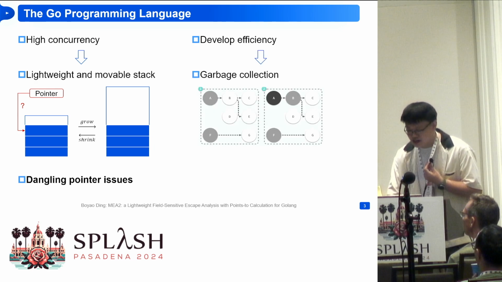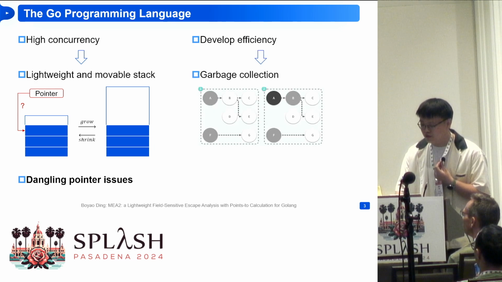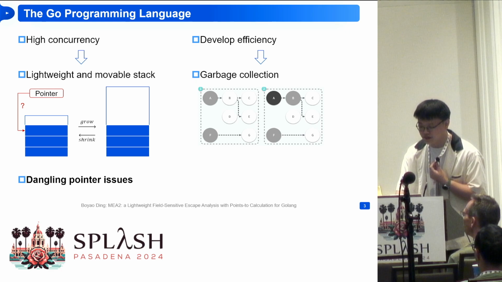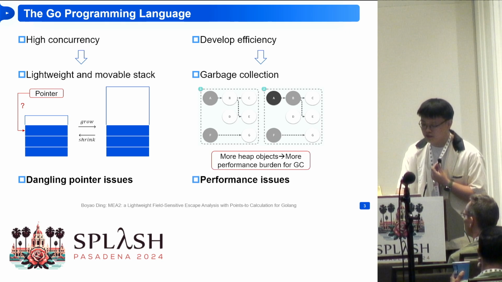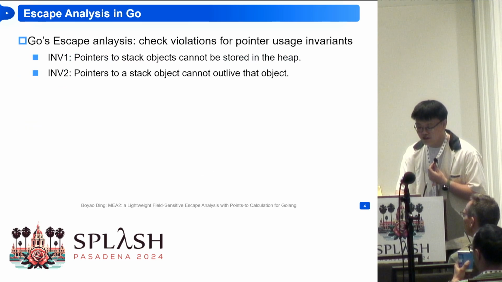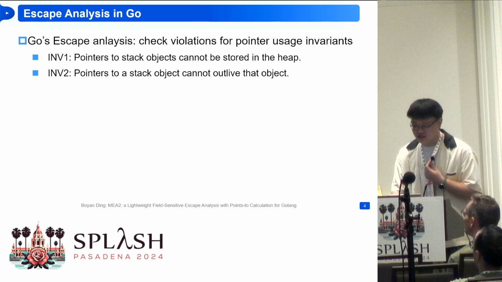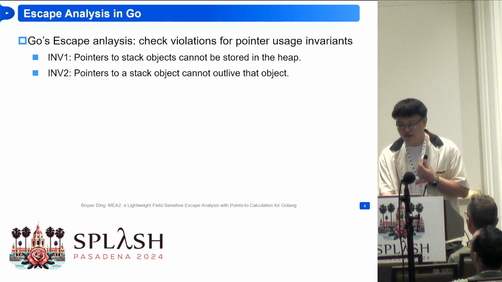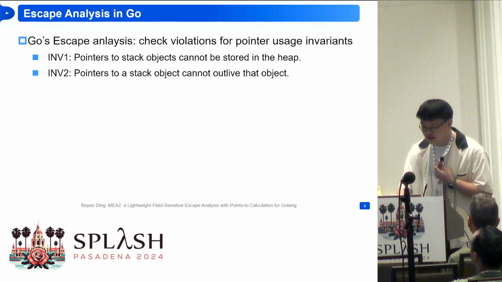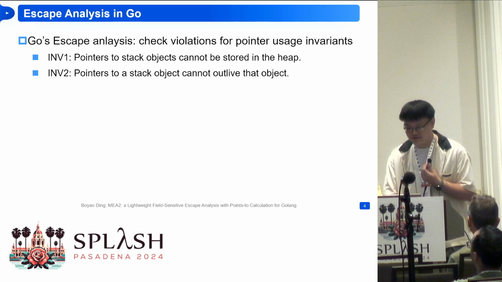On the other hand, to improve development efficiency, Go employs a garbage collector to automatically manage memory at runtime. However, using garbage collection leads to more heap allocations and affects the program's performance. Therefore, Go proposes two pointer usage environments and introduces escape analysis to check for violations of these environments. Stack objects that violate these environments will be allocated on the heap.